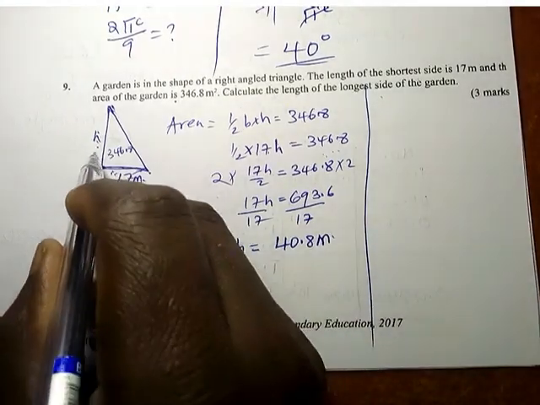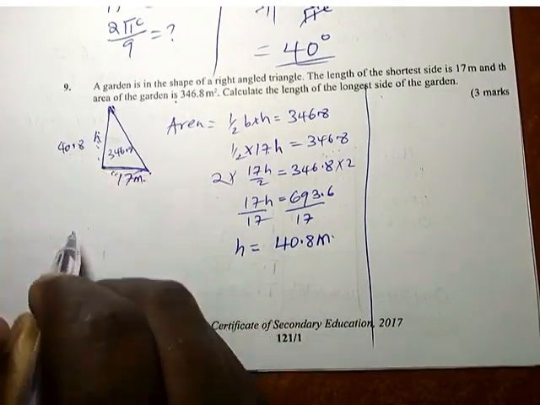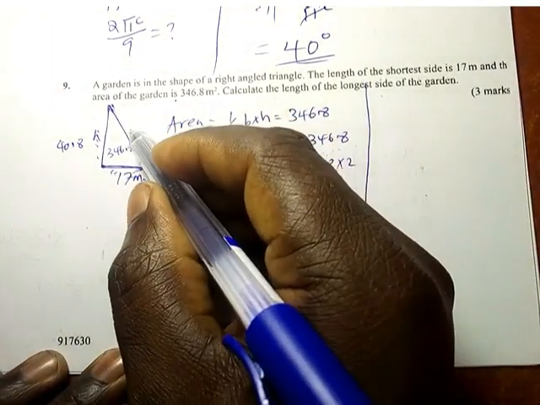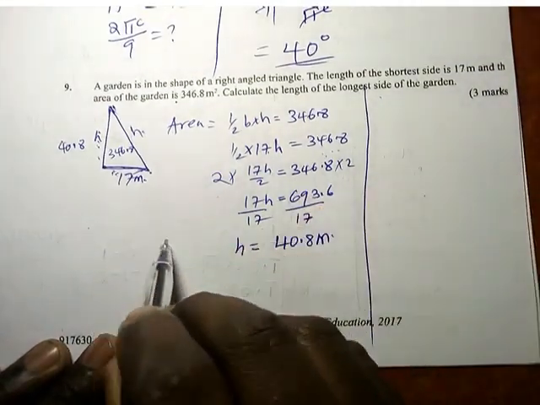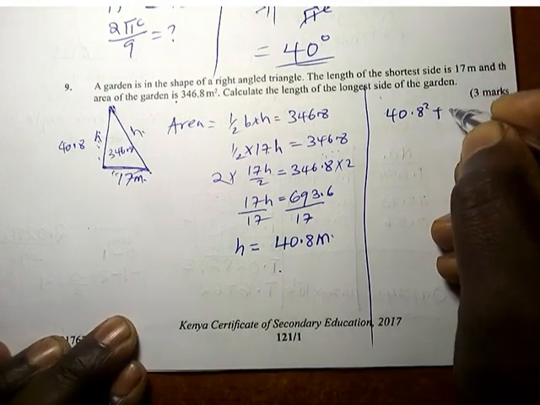So what we have here is the height, which is 40.8 meters. But we are asked to find the longest, that is the hypotenuse here. We are looking for the hypotenuse. So now we have to square, 40.8 squared plus 17 squared.